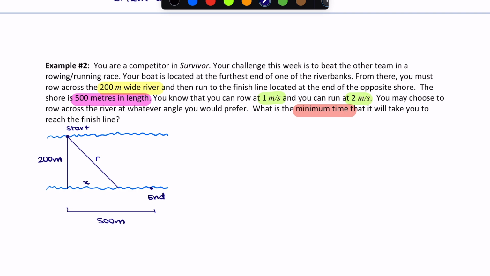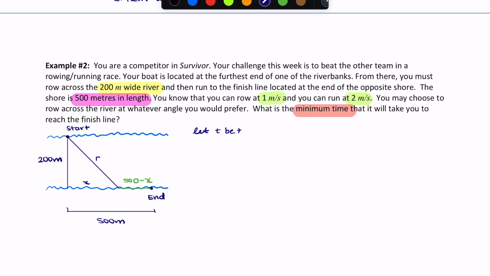And here we will represent x, the distance that you're not running. So this green line will be 500 minus x.